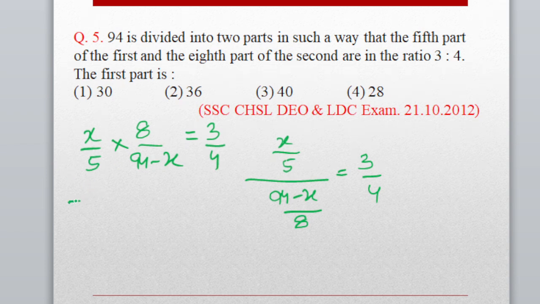So this implies x by 94 minus x is equal to 3 by 4 into 5 by 8. Now here, that means on the left side we are keeping the x and 94 minus x, and on the right side we are keeping the numerical values.